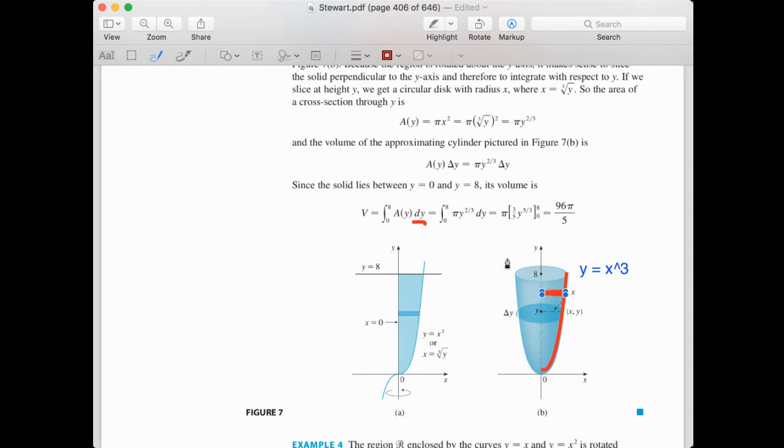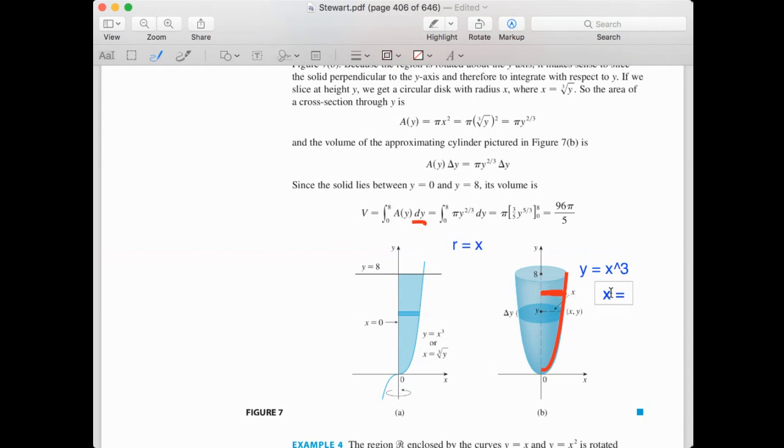So in this pi r squared, the r is x. So r here equals x. So how do we find x? We want to rewrite this function as its inverse function. So x equals the cubic root of y.